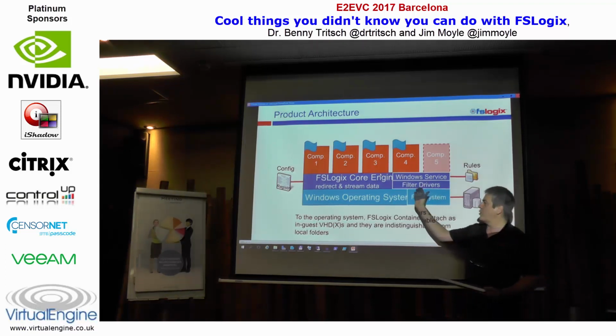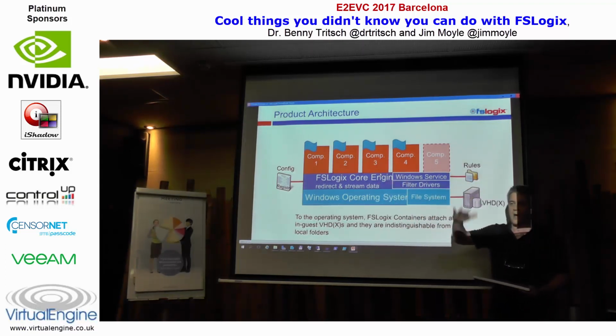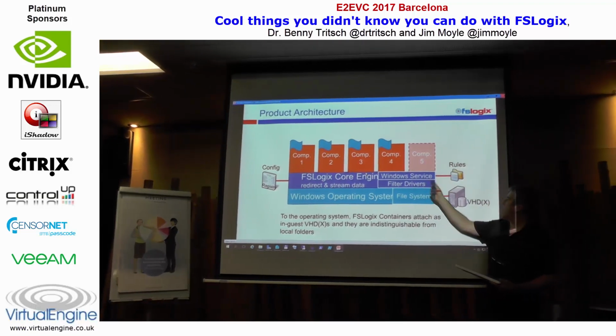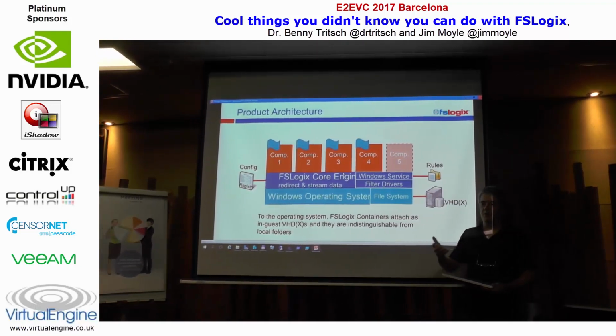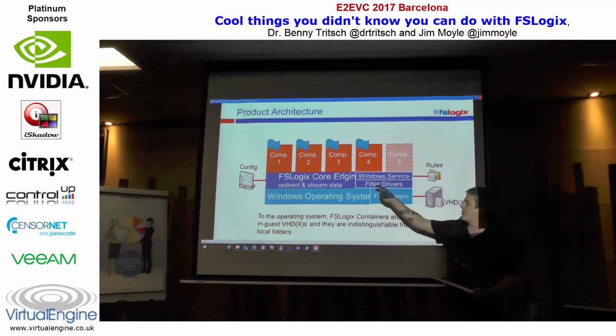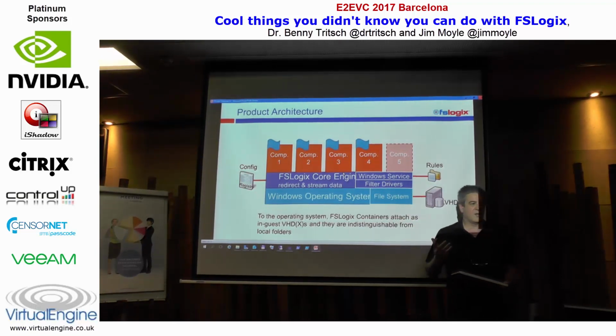So basically you have a core engine that you install on top of the OS. And what it does, it establishes a filter driver, no, 2 filter drivers plus a Windows service. And the Windows service can consume text documents that include rules on how to configure the filter driver. So you can configure the filter driver dynamically, and that makes it so powerful. It is a file system filter driver. It virtualizes the file system.